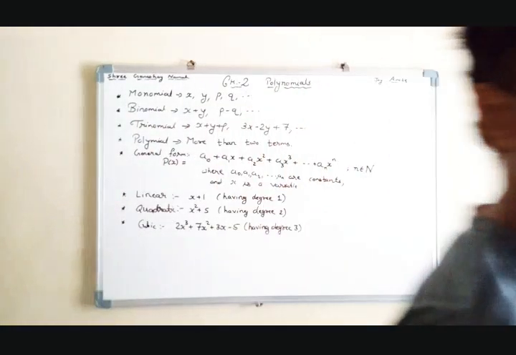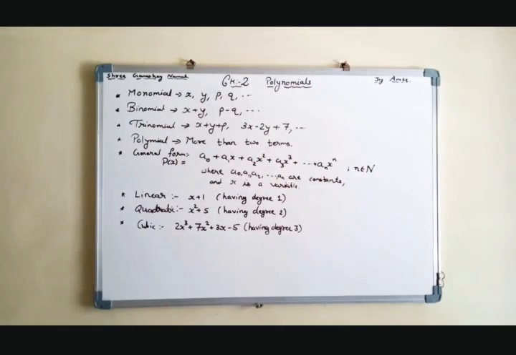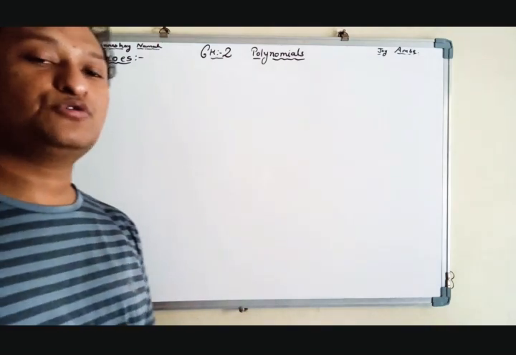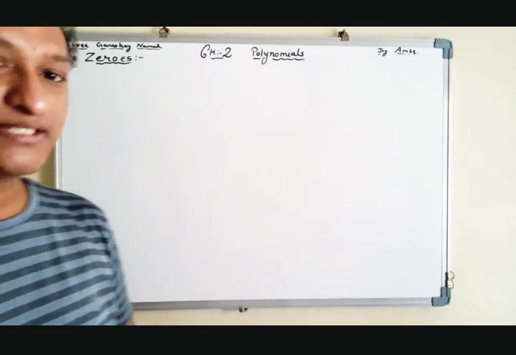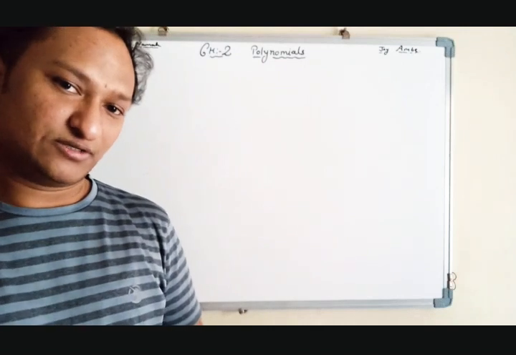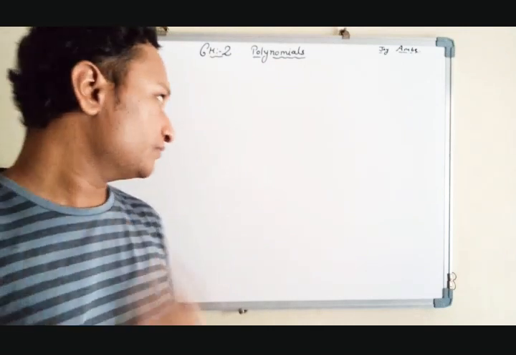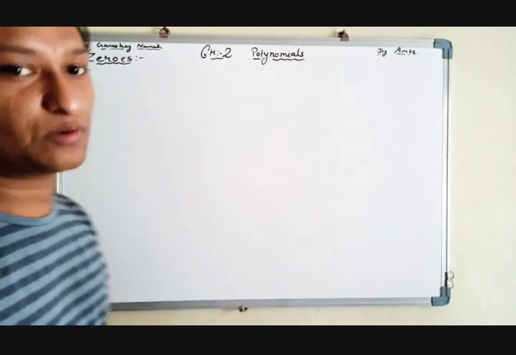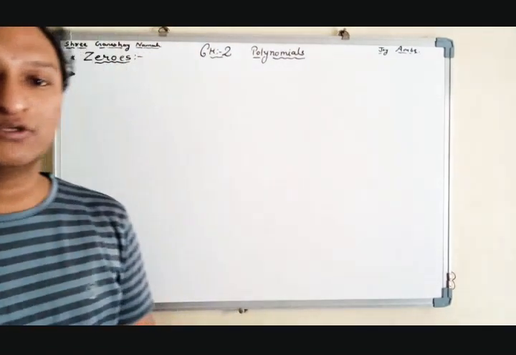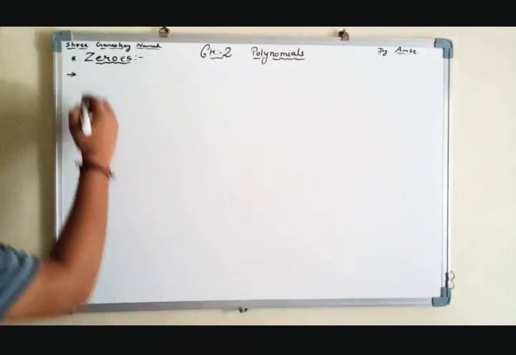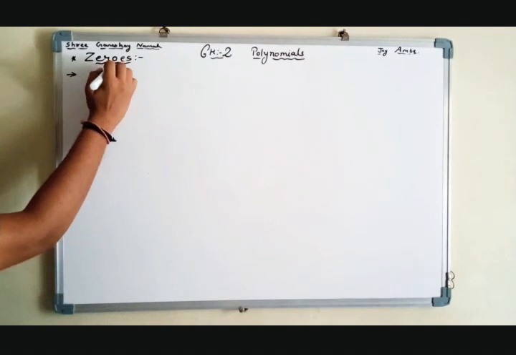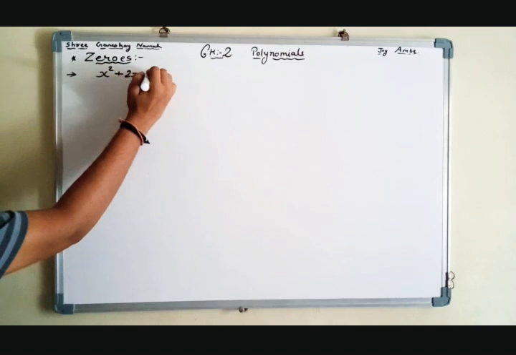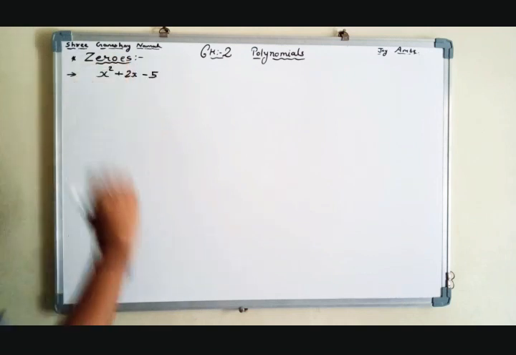Okay students? Okay, so now we will study zeros. You have learned in standard 9 what zeros are. A zero means a particular value at which that expression or polynomial becomes 0. Suppose x square plus 2x minus 5.